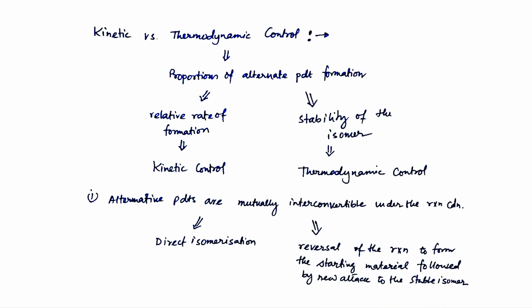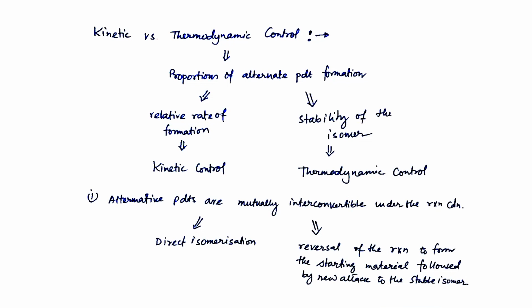There are two different ways for the interconversion of the kinetic to thermodynamic product. What is the first possibility? First you generate the kinetic product. This kinetic product transforms via direct isomerization or another chemical reaction to the thermodynamic product.